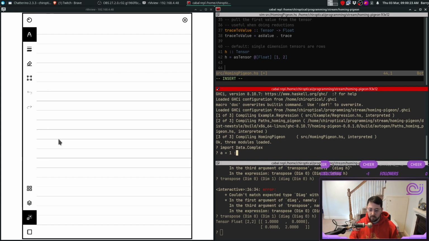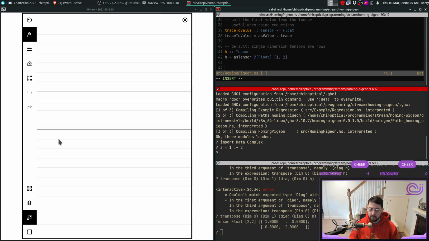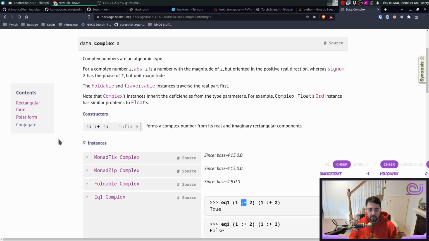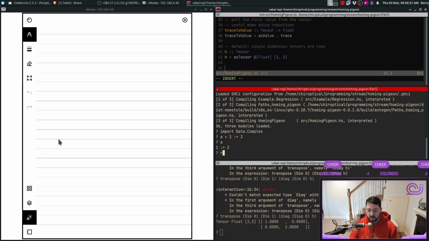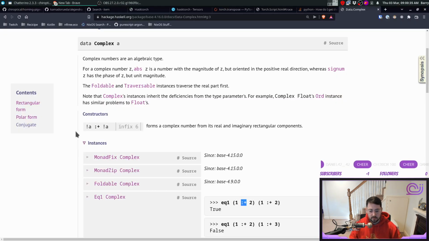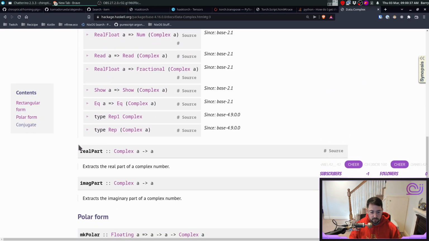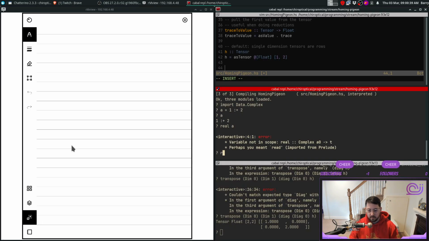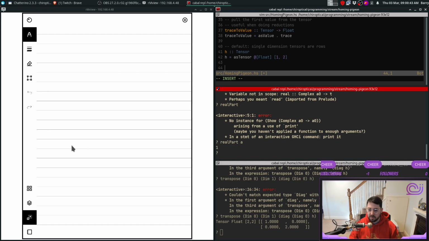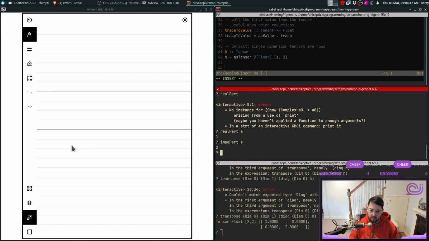So if we do 1 plus 2, well, we can just check. So if we do real A, how do we get the real part? Real part A should be 1, and imag part, which is the imaginary part, is 2.